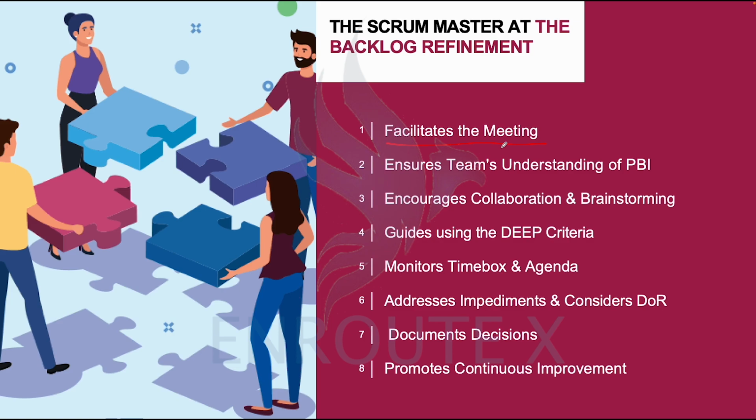So everything that happens in sprint planning could happen in the backlog refinement meeting. Only that in sprint planning, we are preparing for a sprint we are about to go into, while in backlog refinement, we are preparing user stories in the product backlog for future sprints.